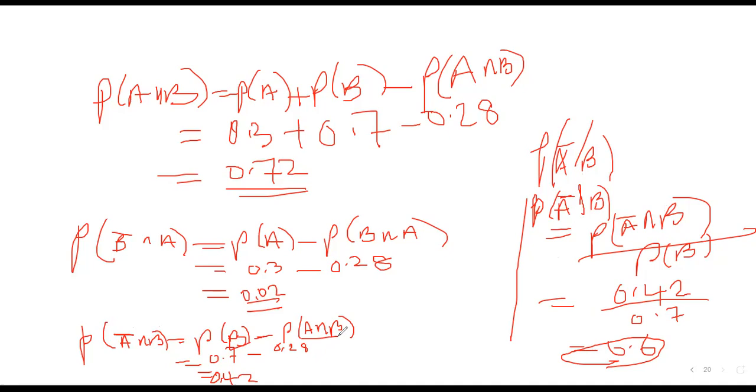Probability of B complement intersection M is equal to probability of what? Probability of M minus probability of B intersection M.